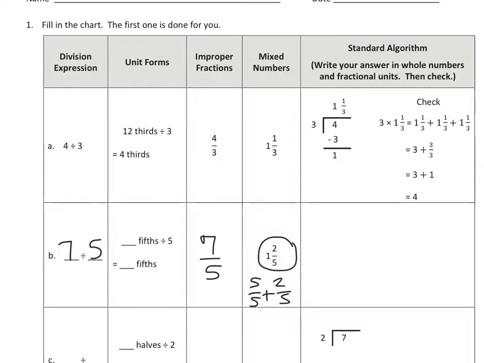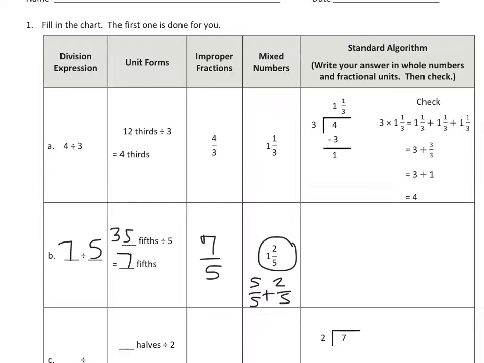How many total fifths would you have? Well, you would have 35. That's taking 7 and 5 and multiplying them together. And then if I have 35 fifths and I divide it up between 5 people, 35 divided by 5 would give you 7/5.